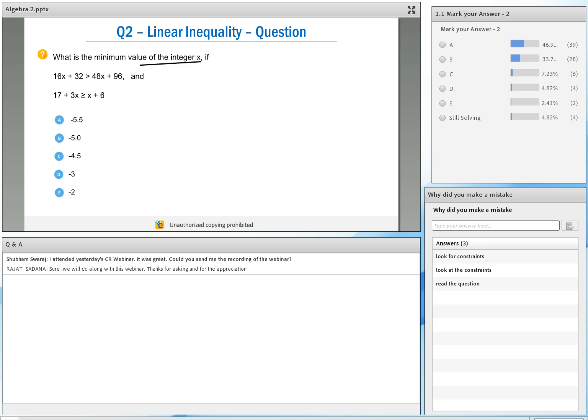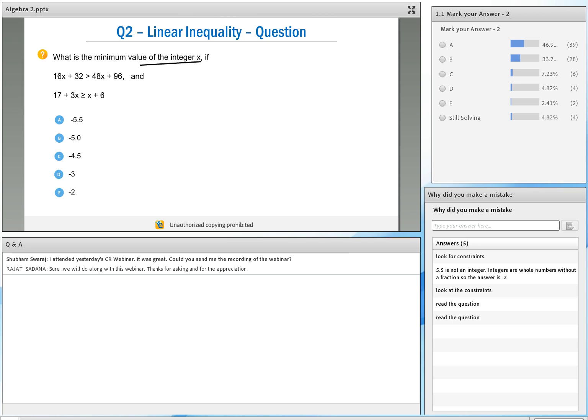The GMAT is not a test of speed. If you read the question, if you keep your calm, then you're going to find that you get to the answer.